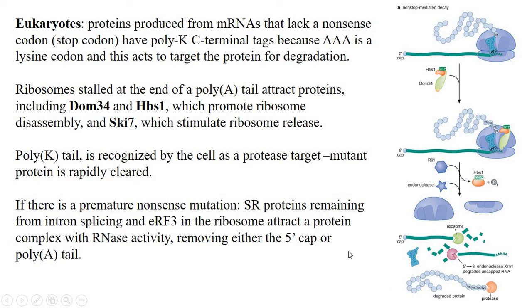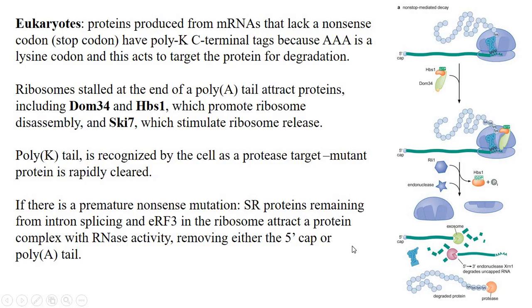If there is a premature nonsense mutation, that means if a stop codon enters somewhere in the middle of the gene, the middle of the mRNA, then the SR proteins, those serine arginine rich proteins that we talked about, present in both introns and exons, because there is no intron at this point, the SR proteins that are there from intron splicing in the exons and the eukaryotic release factor 3 in the ribosome will attract a protein complex with RNase activity, and these will either remove the 5' cap or remove the poly A tail.